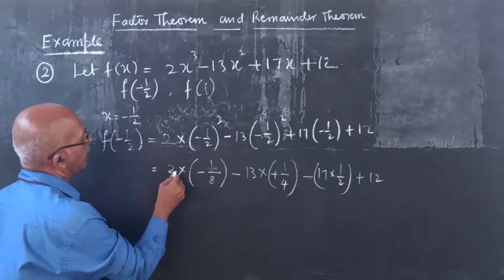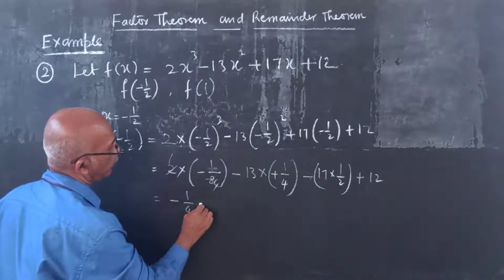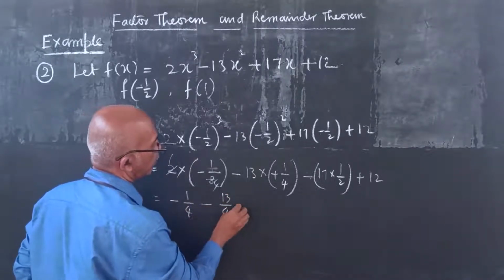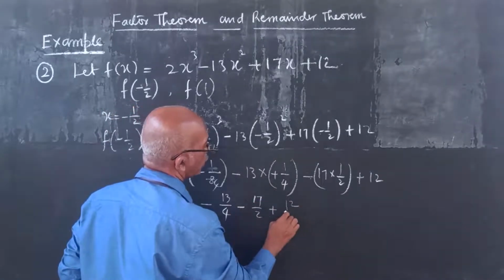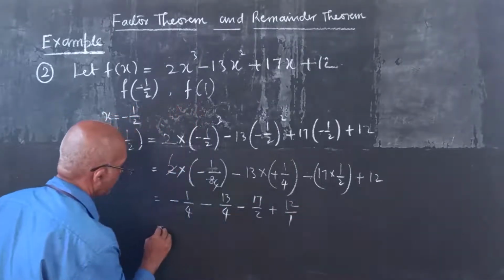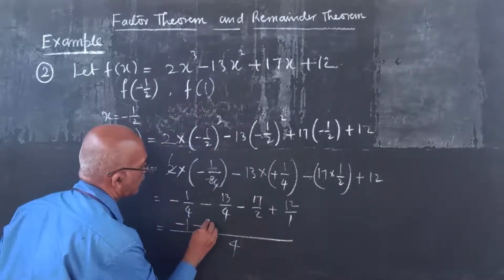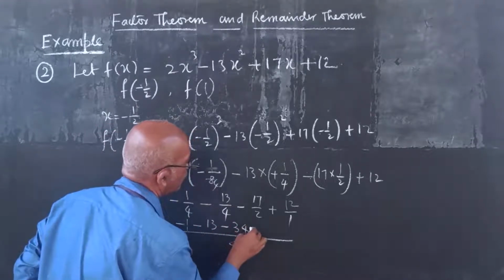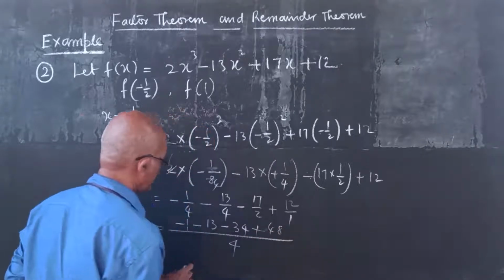Now we shall simplify. Minus 1 by 4, minus 13 by 4, minus 17 by 2, plus 12, which means 12 by 1. Take the LCM. So LCM is 4: minus 1 minus 13 minus 34 plus 48.